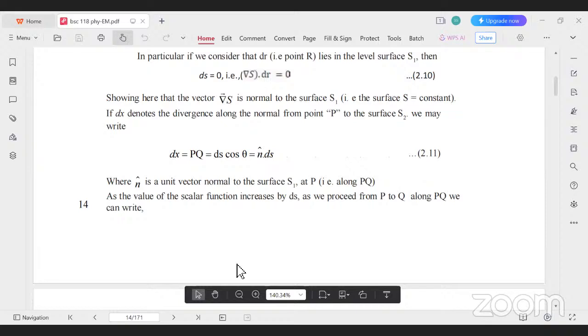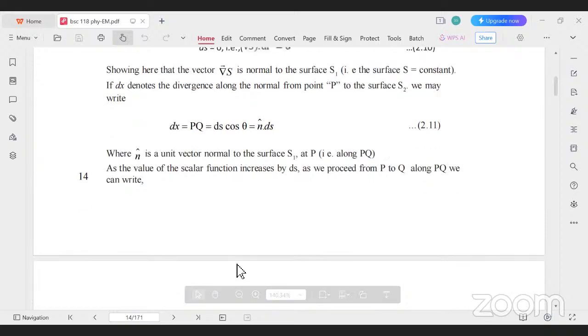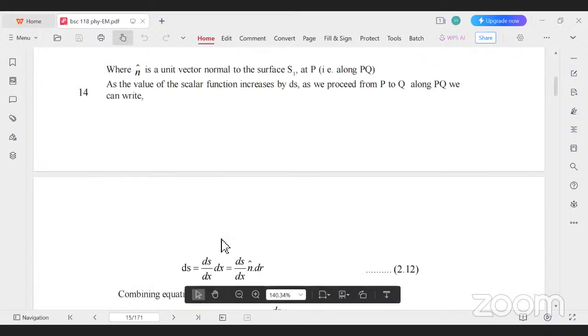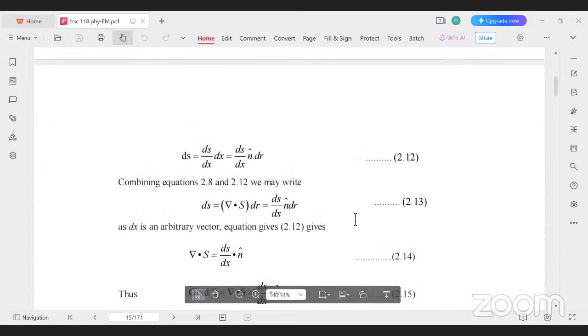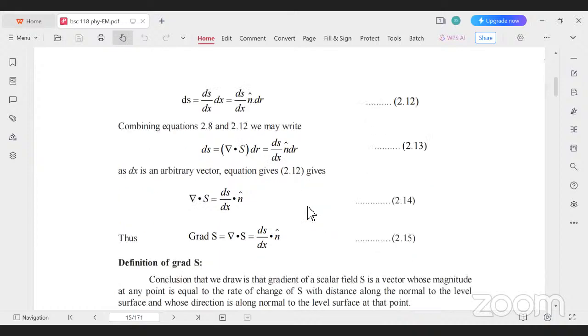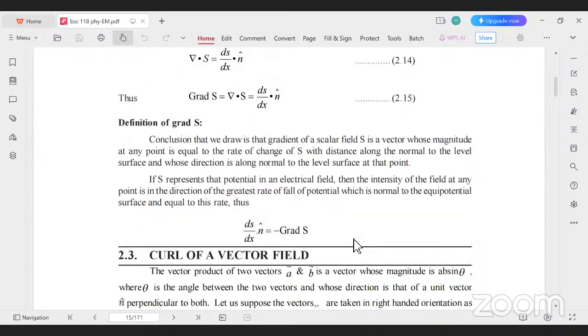Combining both equations, we may write ds, that is del s, equals this. So here we are going to get grad s: del s is nothing but ds by dn times n cap. This is the definition of grad s.